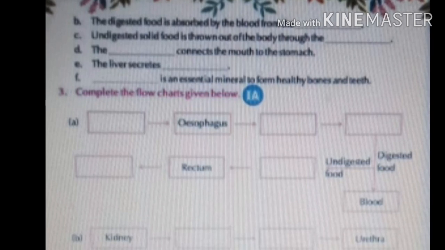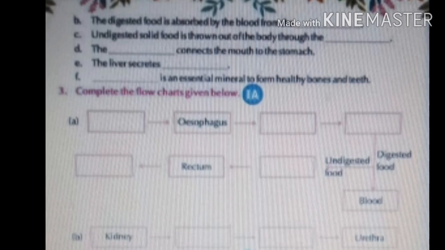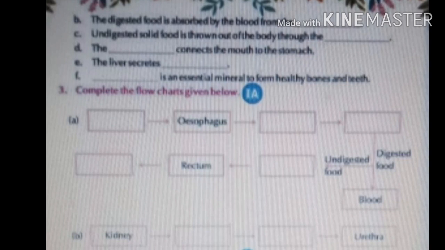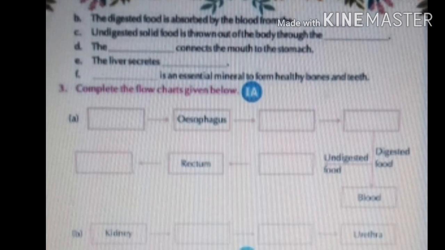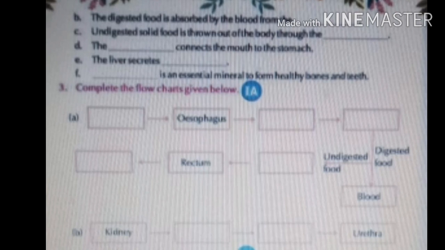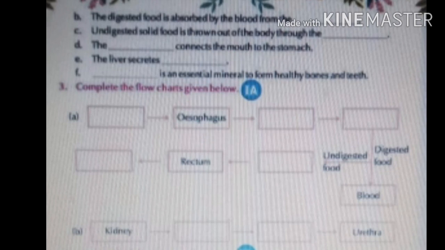Next exercise we are having, complete the flow chart given below. This flow chart is about the digestive system, and in the digestive system, first comes mouth, then esophagus. After esophagus we are having stomach, then small intestine.